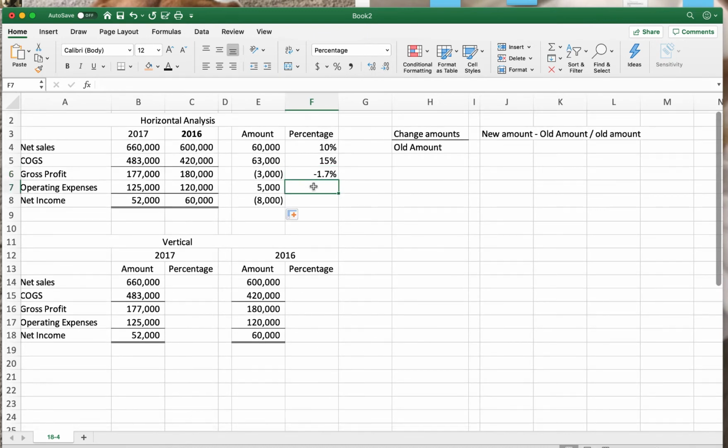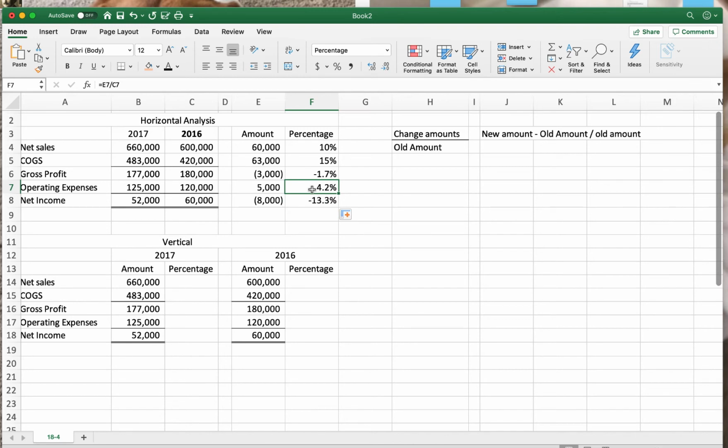You need to know new minus the old divided by the old amount, but we already kind of did that here in Excel, right? We said take the change amount, which is in E6, and divide that amount by whatever's in cell reference C6, which is the 2016 gross profit amount. If we click and drag down, look what we did.